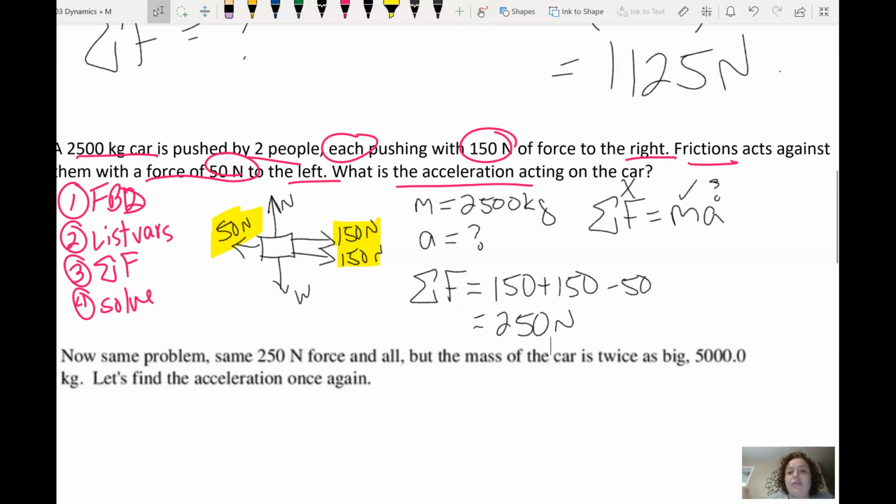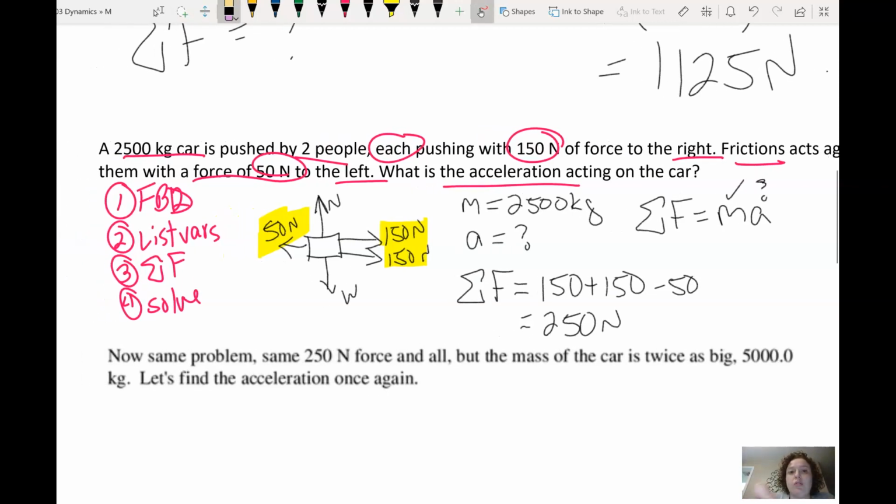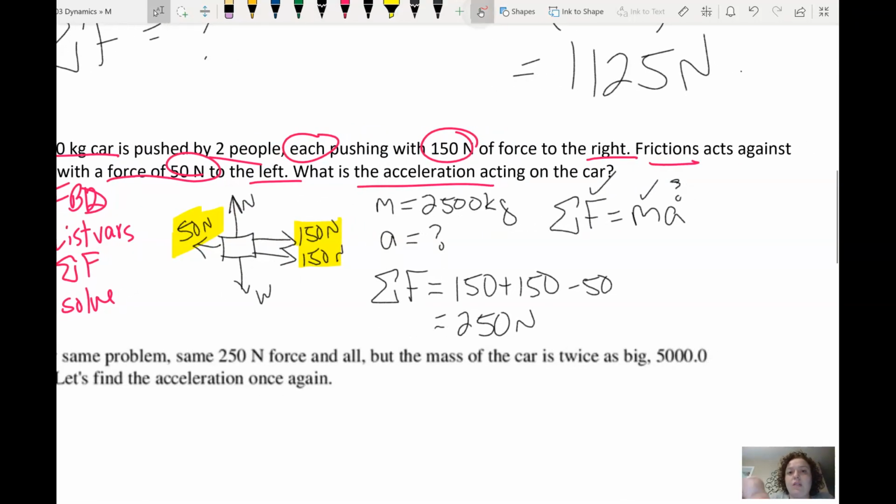All right, now we have this. We can turn that into a check mark, and now we can solve. So net force is equal to mass times acceleration. We're going to rearrange this so that acceleration is equal to the net force divided by the mass.